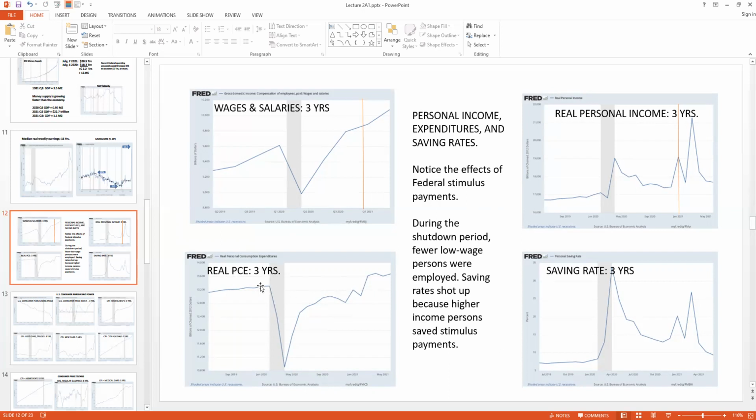Real expenditures, personal consumption expenditures. This is just another word for consumer spending. And so we can see that consumer spending really dove down when the coronavirus began and took quite a while to recover.